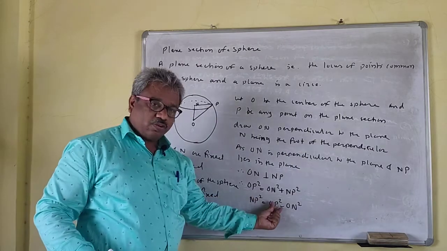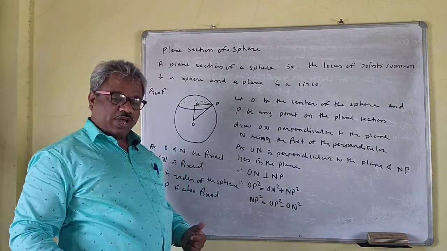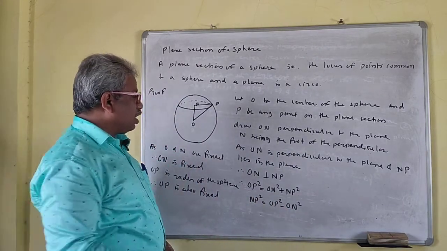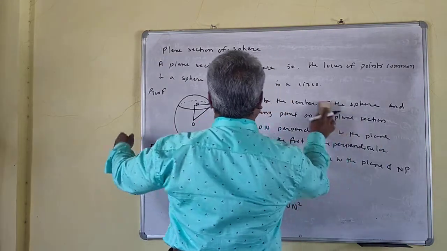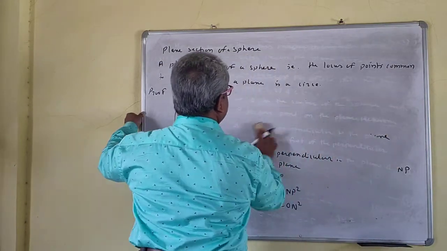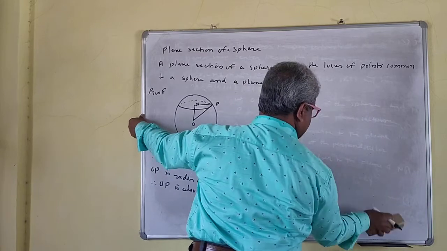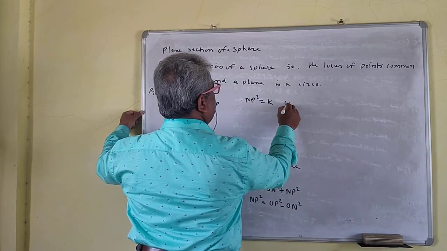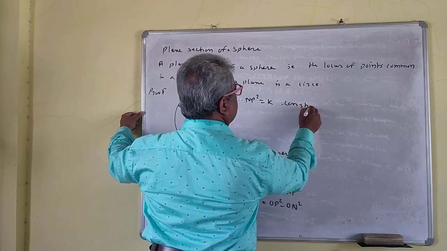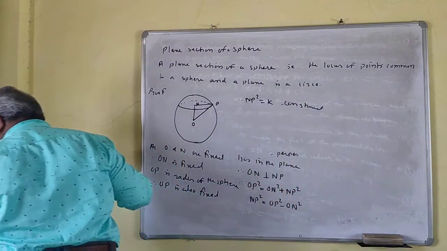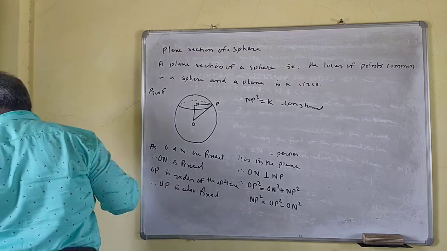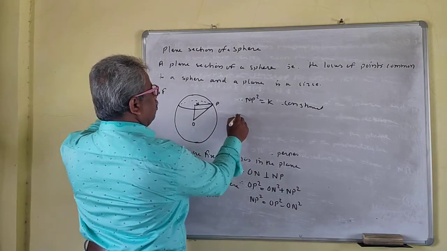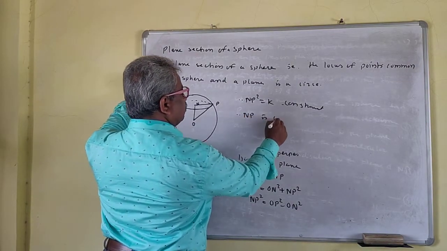Since OP is fixed and ON is fixed, NP square is a fixed constant. Therefore NP square is equal to K, a constant. So NP is constant.